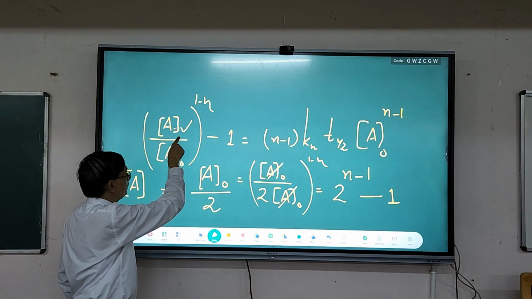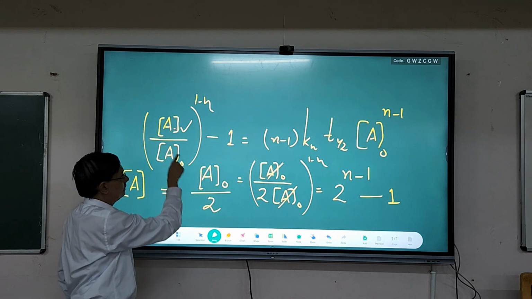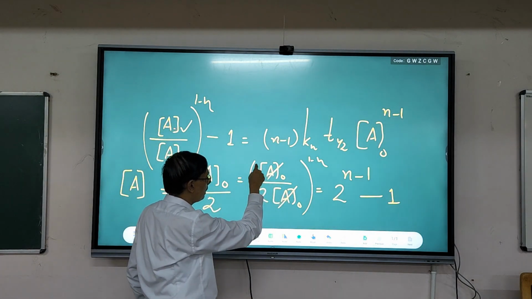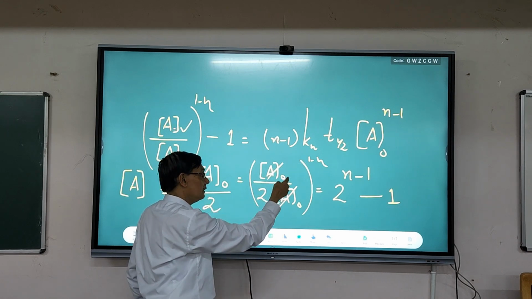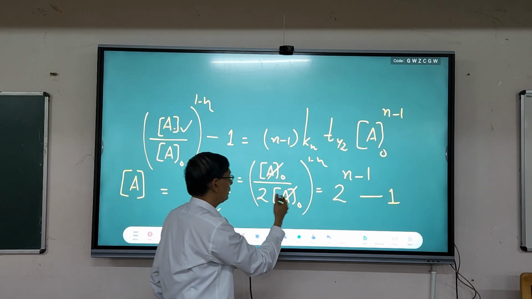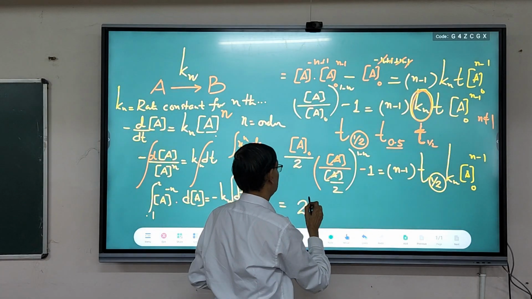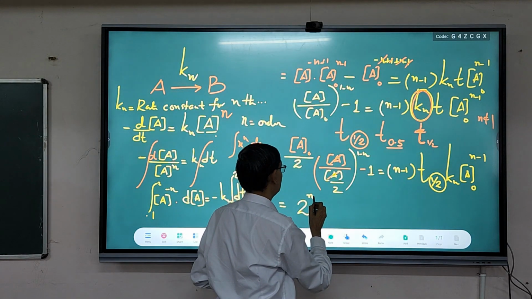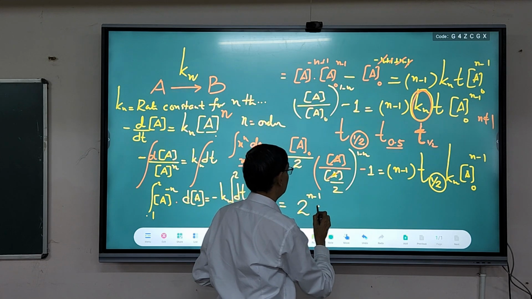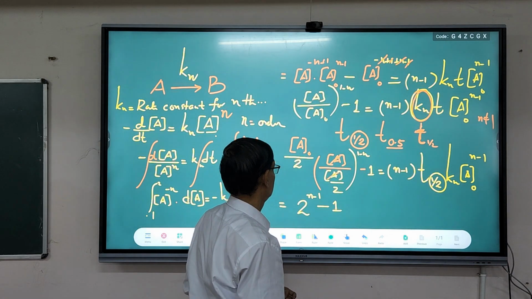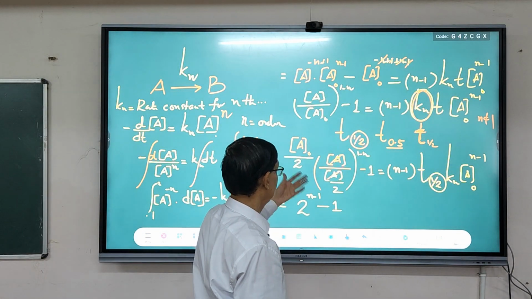If I substitute the value of A here, that is A0 divided by 2, this A0 cancels, so half to the power 1 minus n. If I want to convert it, it will automatically be 2 to the power n minus 1, like that. I change to minus 1, just I change.